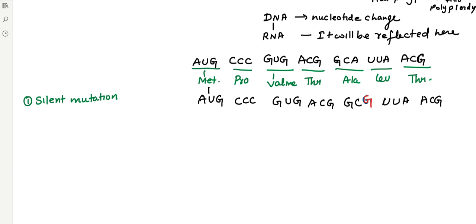Now this will code for methionine, this will code for proline, this will code for valine, this will code for threonine. Now GCG do not code for your particular alanine. Okay, no, sorry. GCG also code for alanine only. So what you're gonna get is you're gonna get alanine, you're gonna get leucine, and you're gonna get threonine. So what does silent mutation mean?